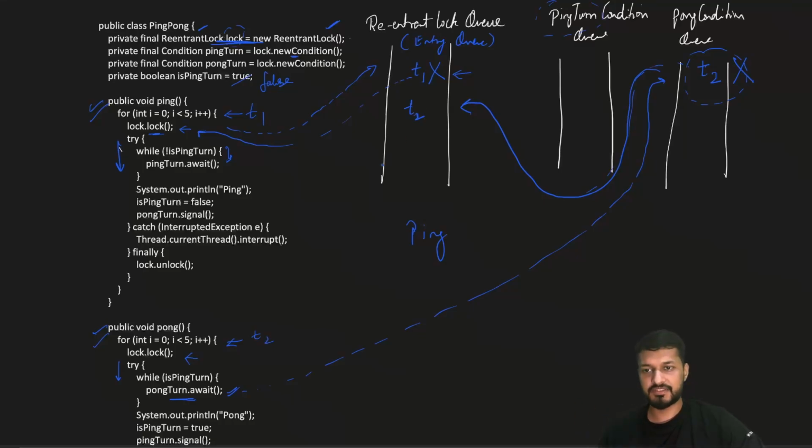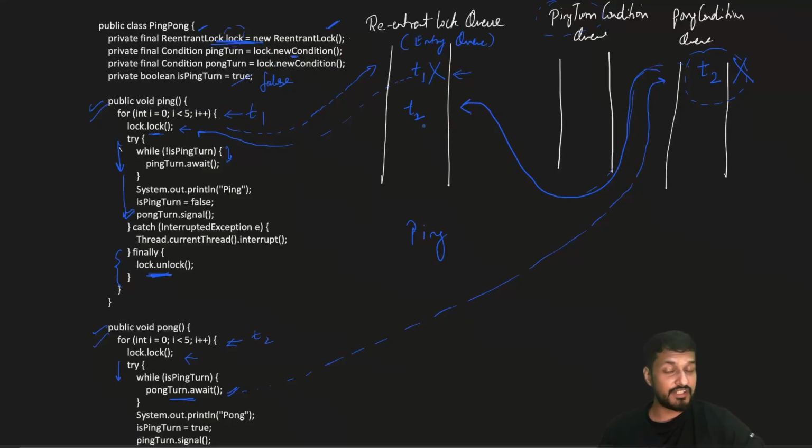Now what happens after this is executed successfully? Post that, catch will not be executed, but this finally will be executed. Inside this finally, what have we written? lock.unlock. Whenever we write lock.unlock, that means we are releasing the lock. We have released the lock on this monitor object.